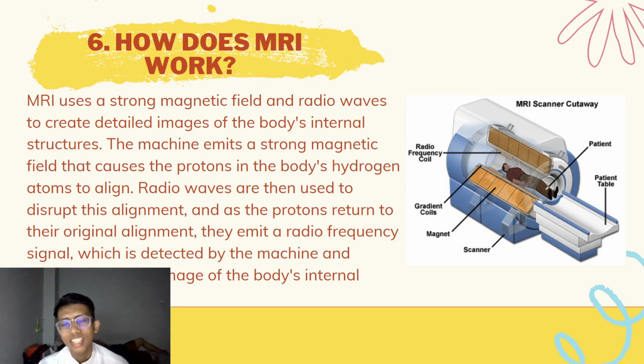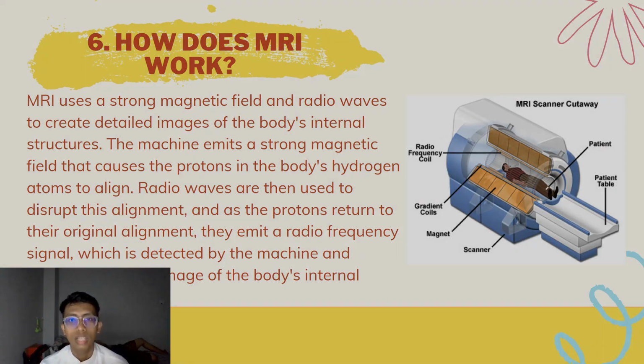So it is actually like a printer but for humans, as they scan before they print the result. I hope this explanation gives you an understanding of how MRI works.